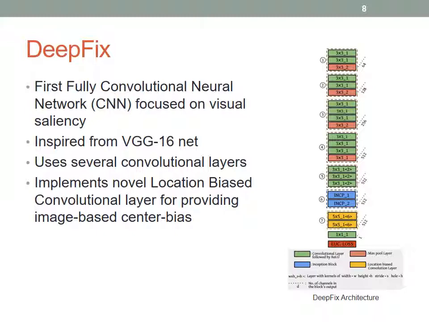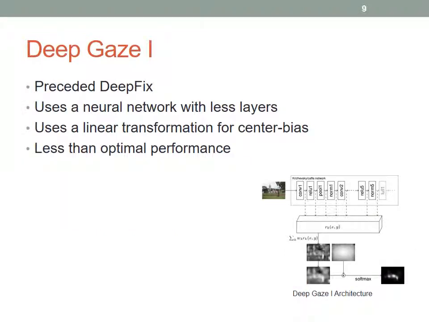And DeepFix was kind of a successor for DeepGaze, not by the same person, but DeepGaze was kind of the first attempt at providing a high-performing neural network for visual saliency, and uses fewer layers.